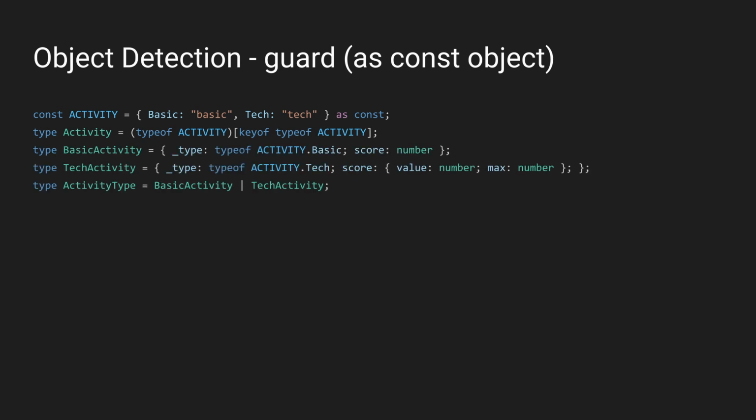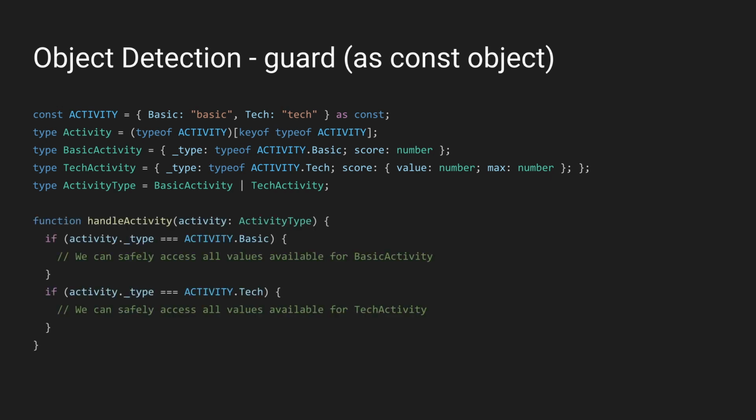I frequently use this pattern in my personal projects. Pay attention to how we define the type of the guard key inside the type definition. Since it's not an enum, we must use the typeof keyword to utilize the key's values as a type. The rest remains the same as in the enums example.